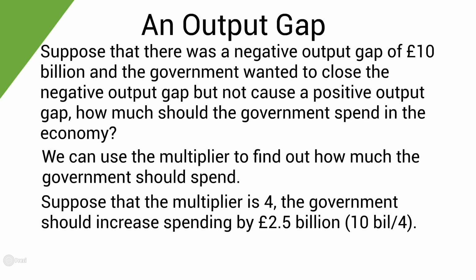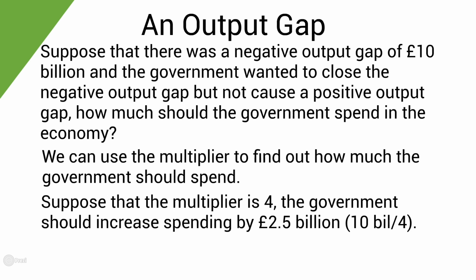The government should increase their spending by £2.5 billion. The increase in government expenditure by £2.5 billion would increase final income by £10 billion, because 2.5 billion times 4, the multiplier value, gives you a value of £10 billion.